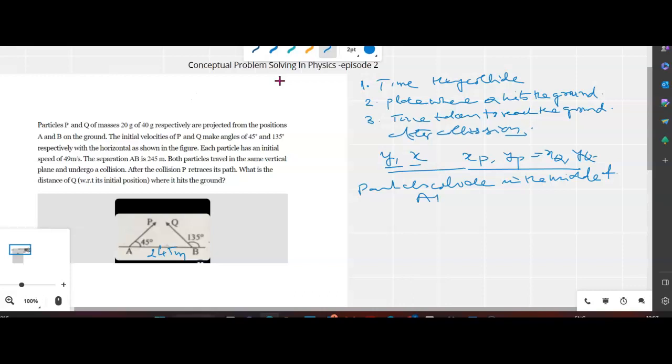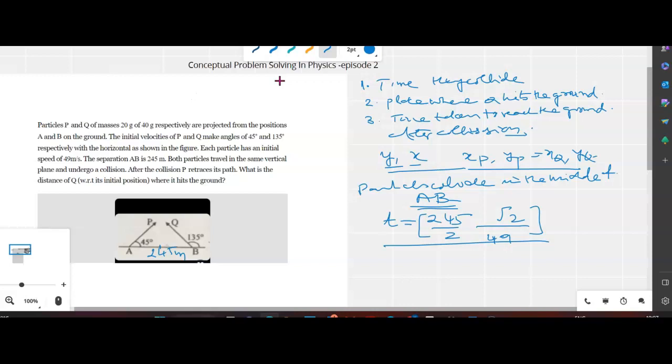To get the time of collision, we have to see the time for it to travel a distance of 245 by 2. This is the distance. And what is the velocity? The horizontal velocity: 49 is the velocity, and the component is cos 45, which is 1 by root 2. So this is the time after which they will collide.